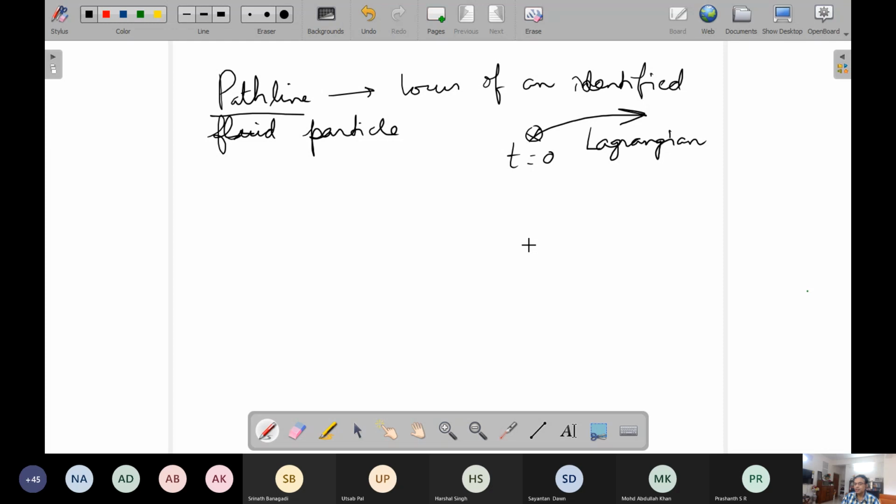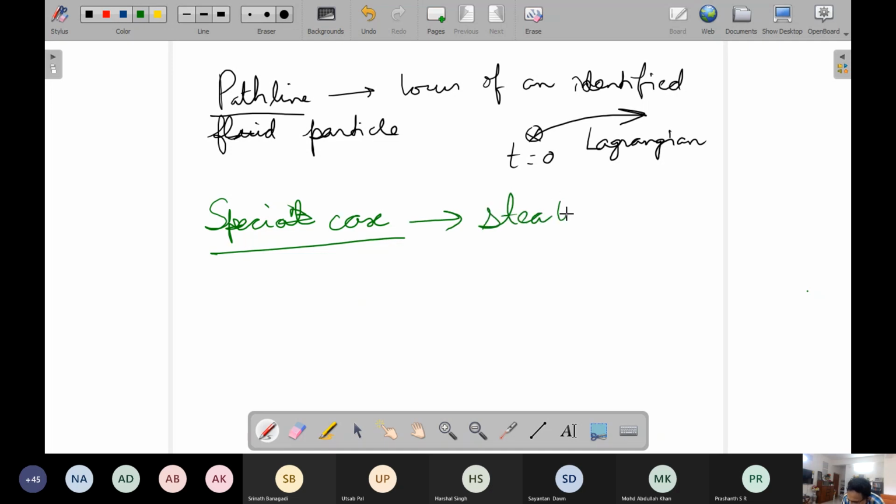There are certain commonalities, and to understand the commonalities the best, we will consider a special case, which is a steady flow.